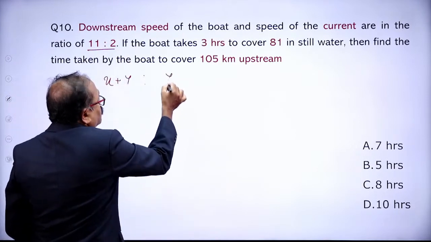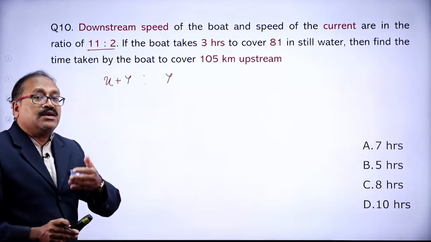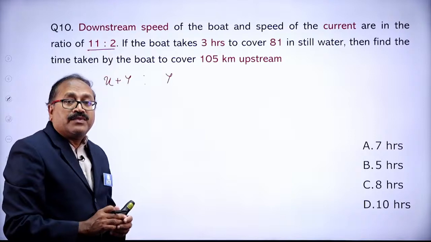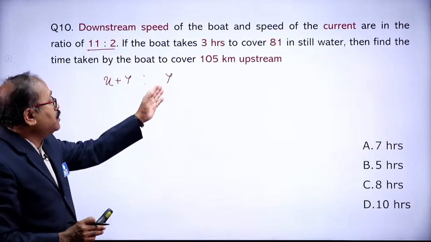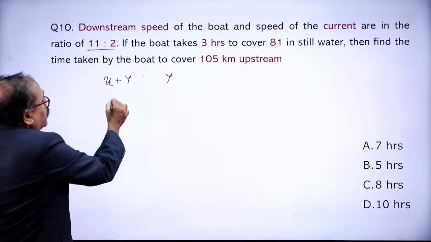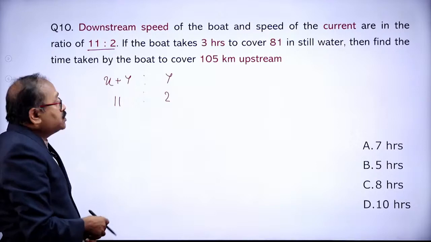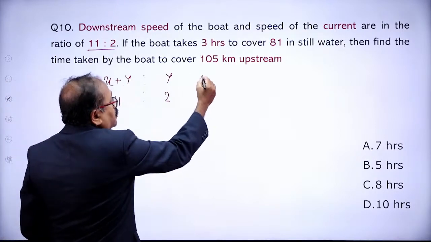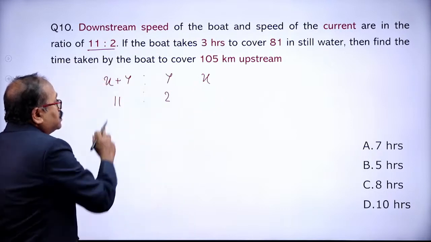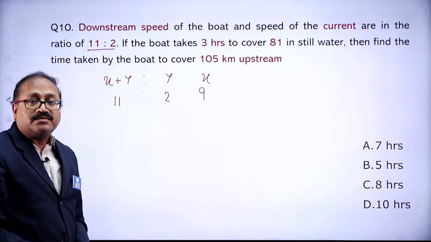By default, we take the speed of boat as x and the speed of current as y. So x plus y to y is given to us as 11:2. When I know x plus y is 11 and y is 2, can I find out what x is? 11 minus 2, that is 9, is x.